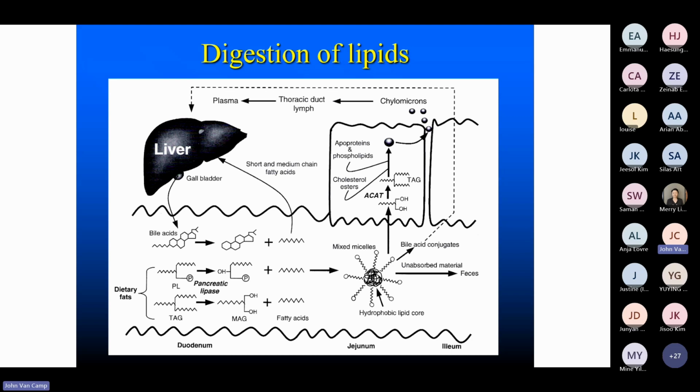This process does not require any energy, so it's a pure diffusion process because here the concentration is very high and inside the cell the concentration is very low. So you just absorb it inside the cell, and then you have a reformation of the triglycerides. So you can see with the ACAT enzyme, you just resynthesize the triglycerides, and these triglycerides are then packed within the so-called chylomicrons.